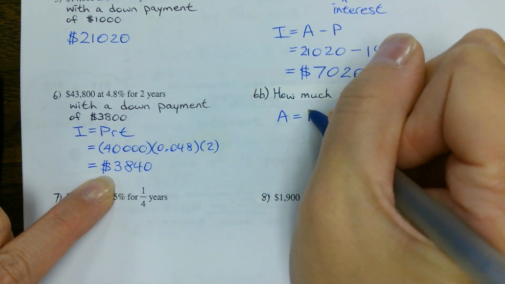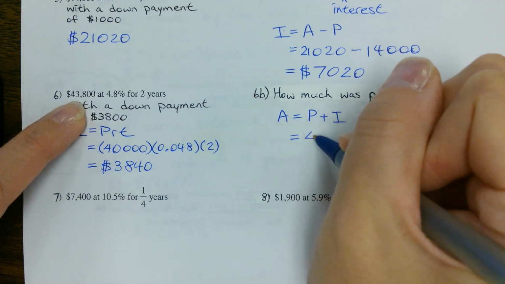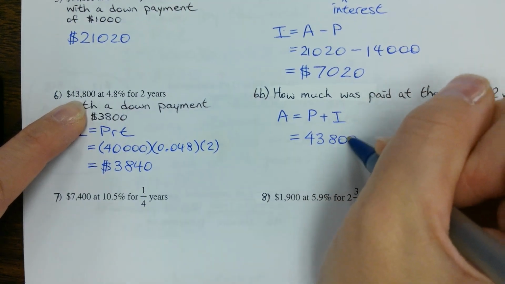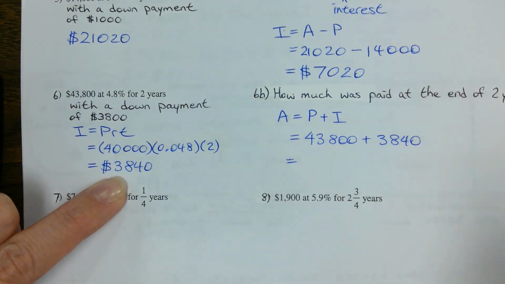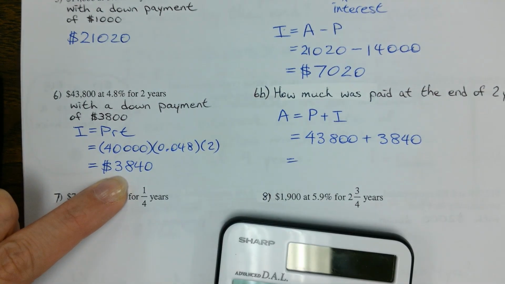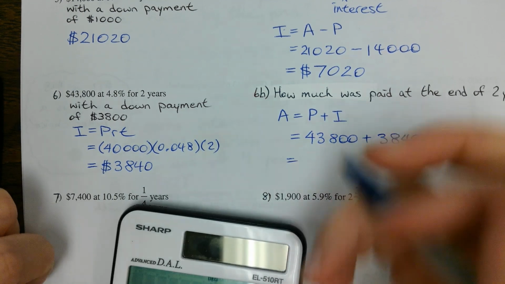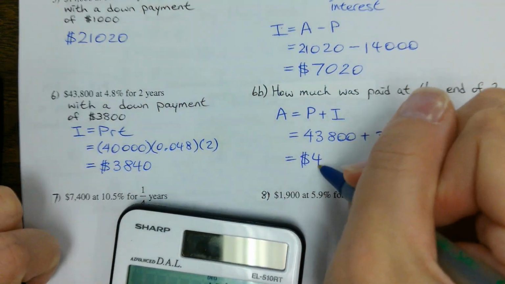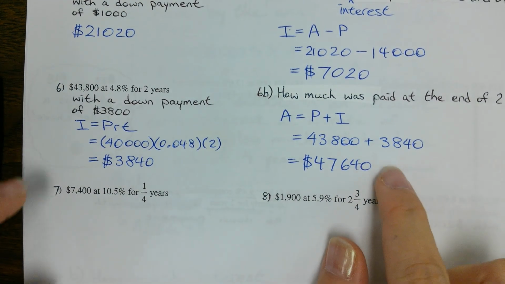So principal plus interest. Principal was 43,800 plus the interest. So at the end of 2 years, that Lexus cost you 47,640, which is not too bad.